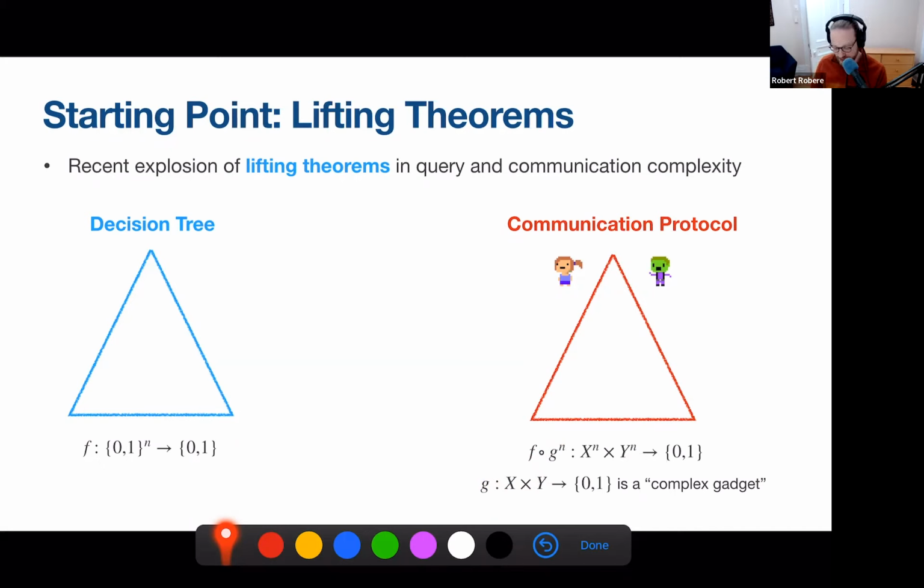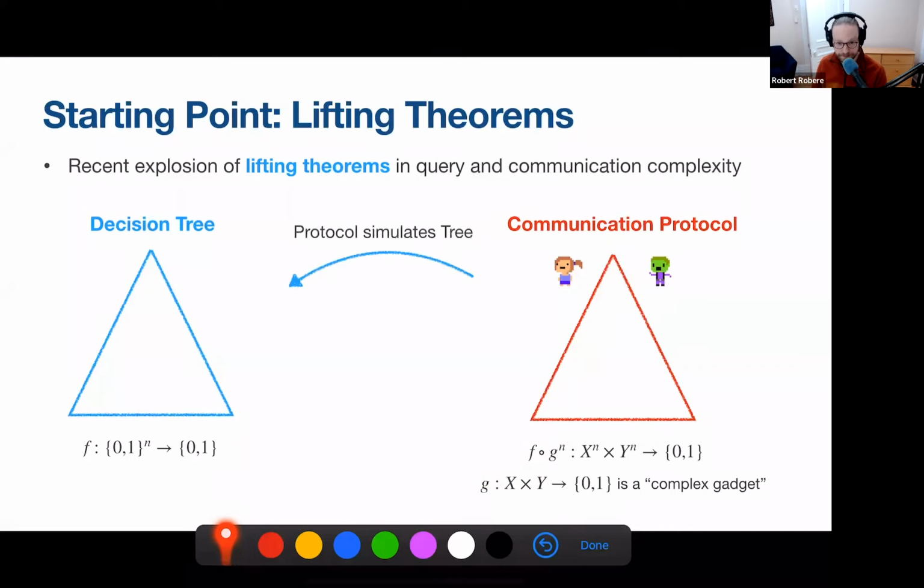And so we can ask, what's the best communication protocol for solving this composed function? It's not hard to convince yourself that one obvious way to compute this composed function is just to simulate the decision tree.